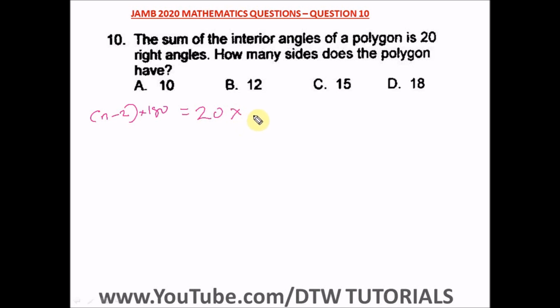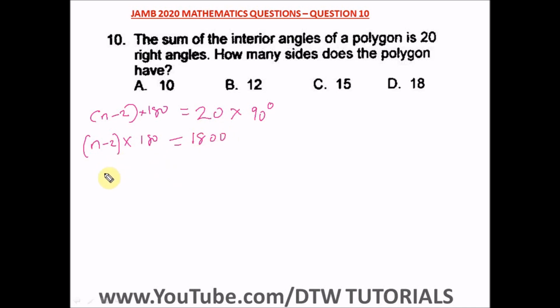I know that a right angle is equal to 90 degrees. So we have n minus 2 times 180 is equal to 1800.